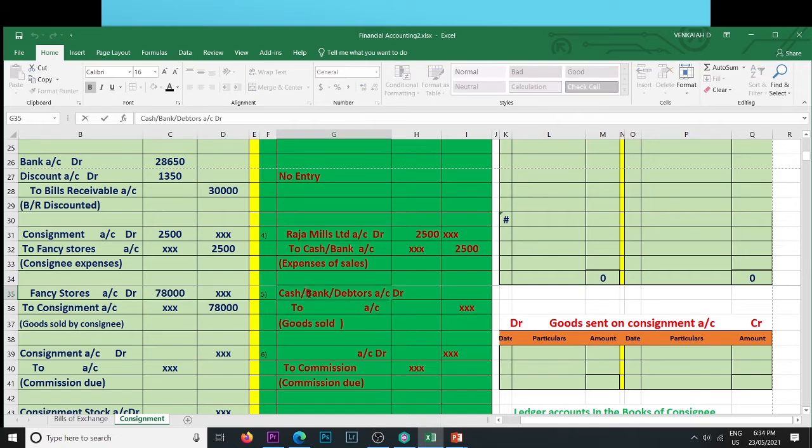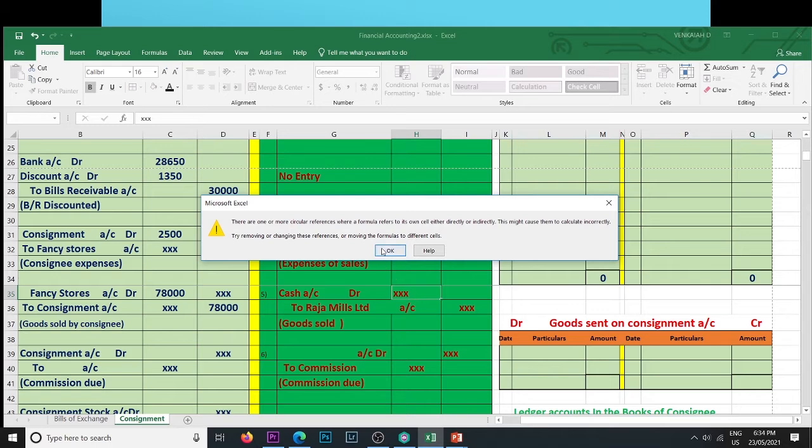So these are received in the form of cash. So cash account debit to Raja Mills Limited.